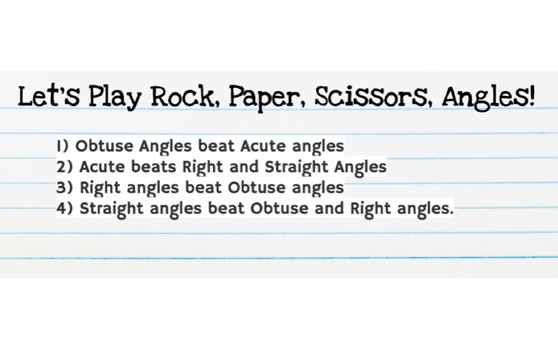But here are the rules. An obtuse angle beats an acute angle. An acute angle beats right and straight angles. Right angles beat obtuse angles, and straight angles beat obtuse and right angles. So, feel free to try that game out today.